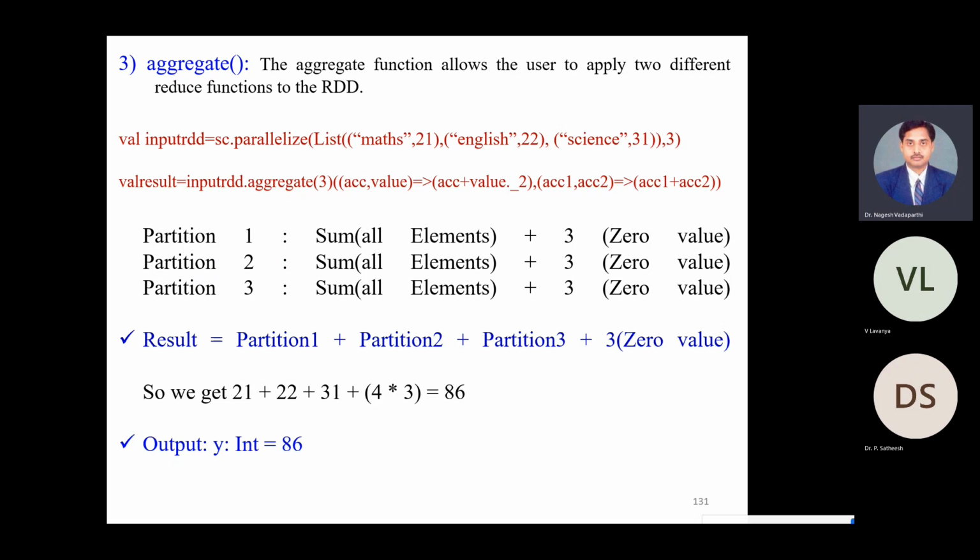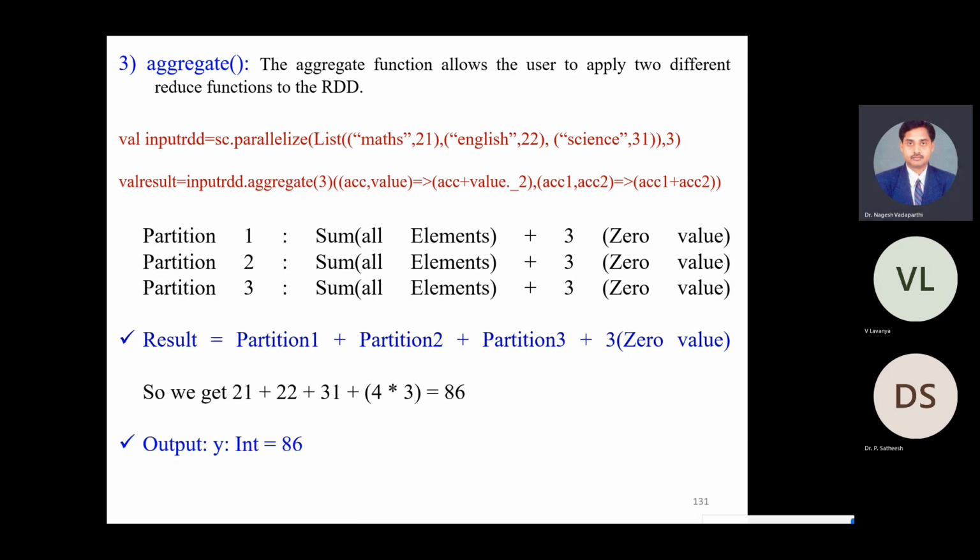First iteration, how does the aggregate function work? See, very simple. Aggregate is an action. It allows the user to apply two different reduce functions to the RDD. So now, first iteration, partition 1, what will happen? Sum of all elements plus the 0 value.